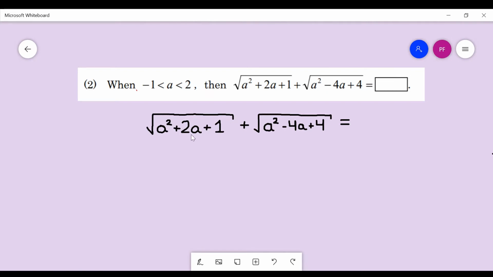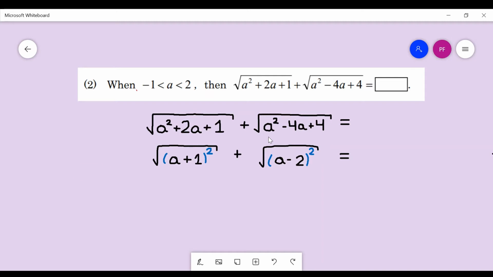Exactly, a squared plus 2a plus 1 is a plus 1 squared, and a squared minus 4a plus 4 is a minus 2 squared. Now, an expression squared in a square root is another way of writing an absolute value.